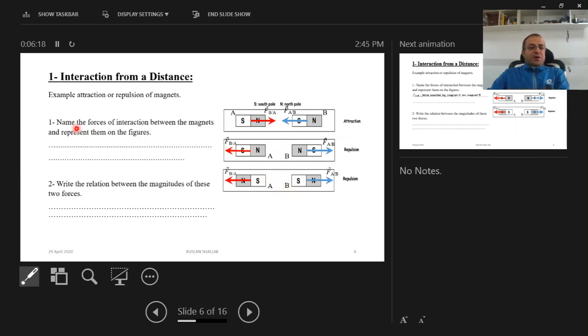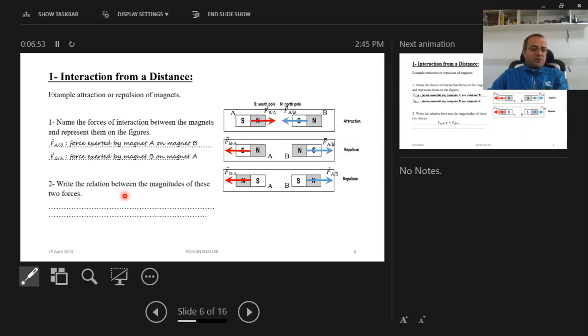Name the forces of interaction between the magnets and represent them on the figure. Here we have first force, Fa on B, which is the force exerted by magnet A on magnet B. And Fb on A is the force exerted by magnet B on magnet A. Write the relation between the magnitudes of these two forces.